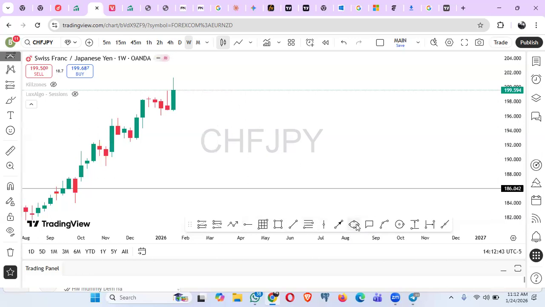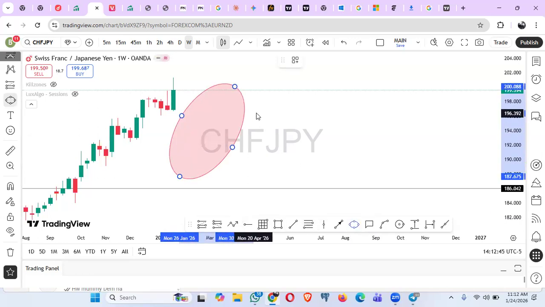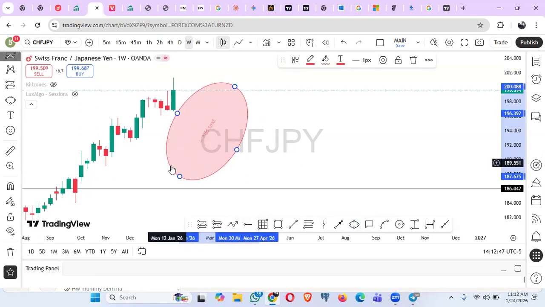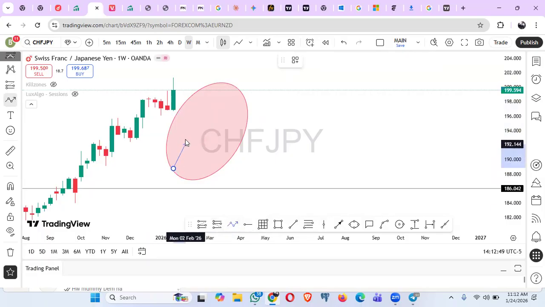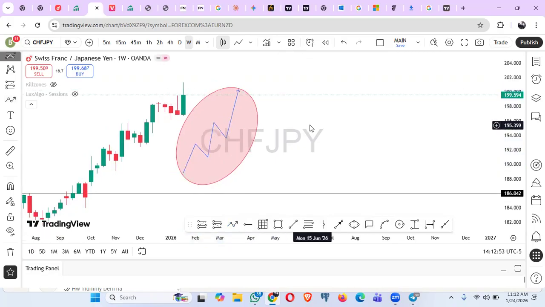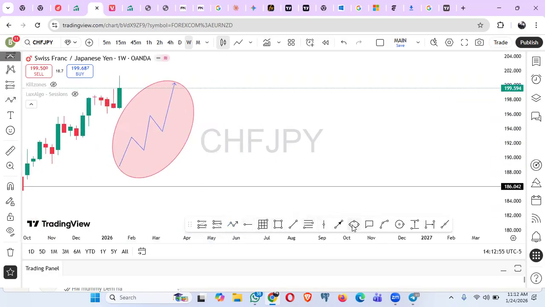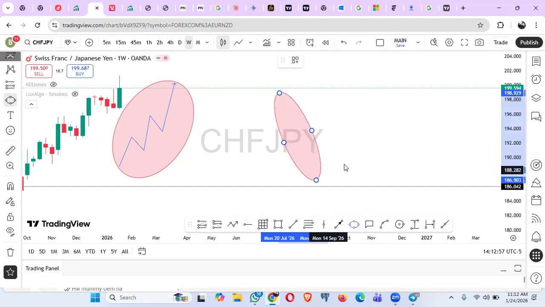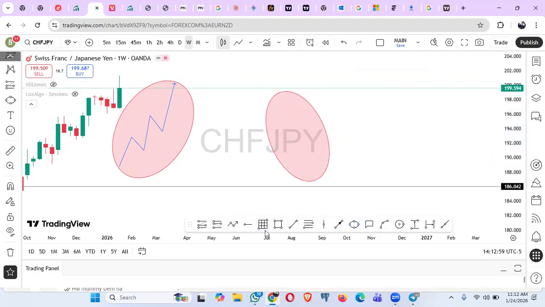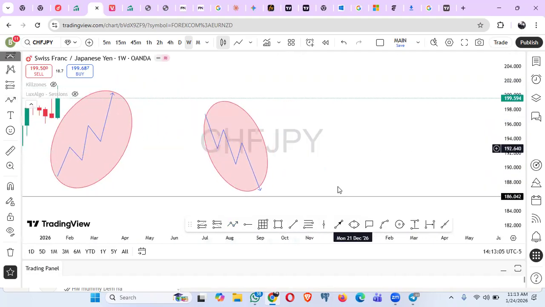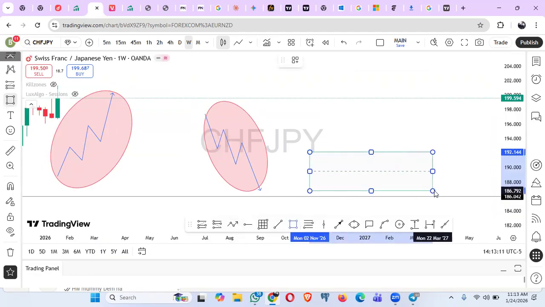The market is either bullish, bearish, or in a range.